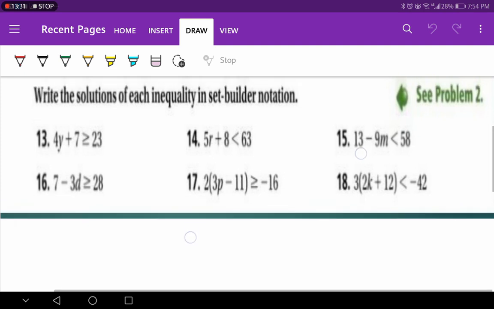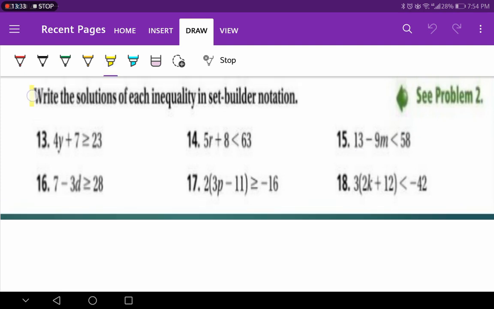Now, my dear student, can you read the question for me, please? Good. Now, he asked me to write the solution in set builder notation. Doesn't matter. We know how to write in set builder notation. First of all, we have to solve the inequality.